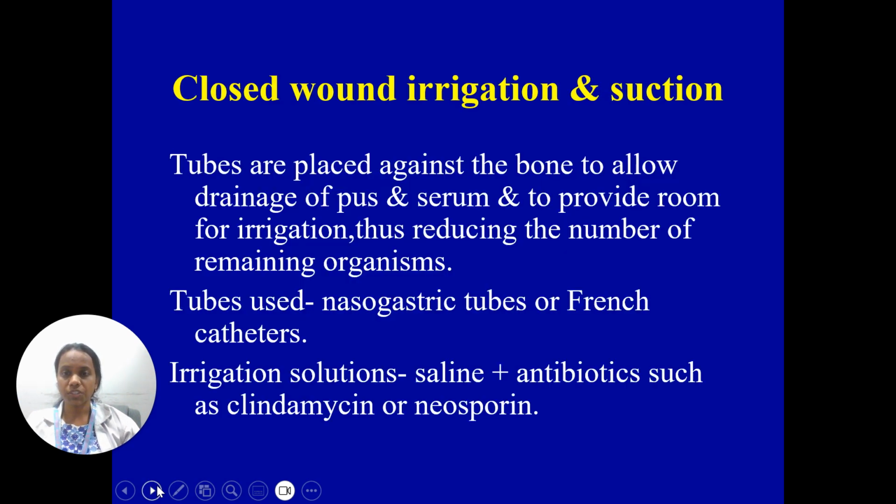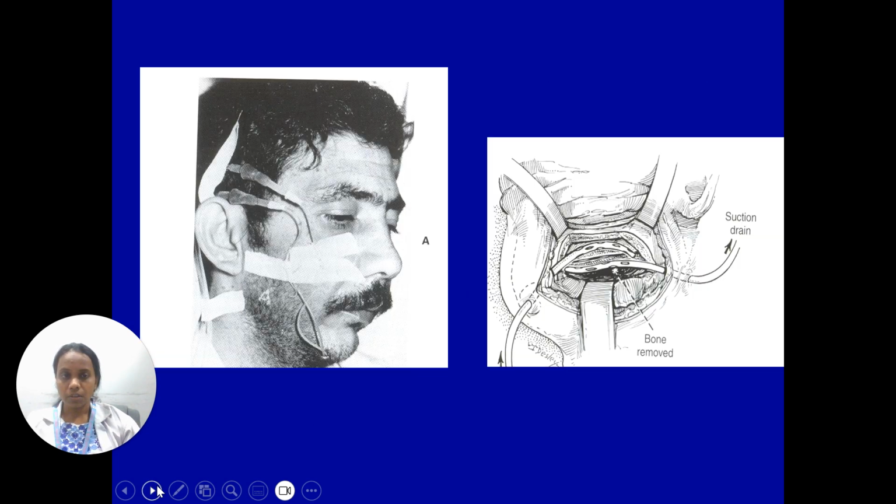Next is closed wound irrigation and suction. The tubes are placed against the bone to allow the drainage of pus and serum and to provide room for the irrigation, thus reducing the number of remaining microorganisms within the site. Another tube is placed, like a nasogastric tube or French catheter, so that the irrigating solution like saline and antibiotics such as clindamycin or neosporin could be injected locally after flushing out all the infectious material.